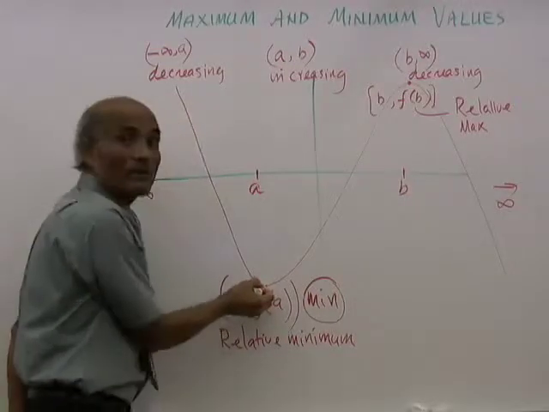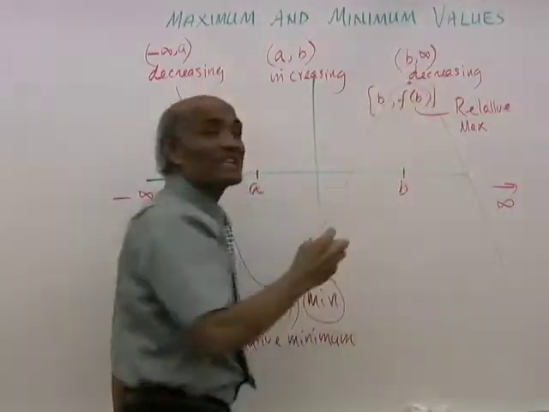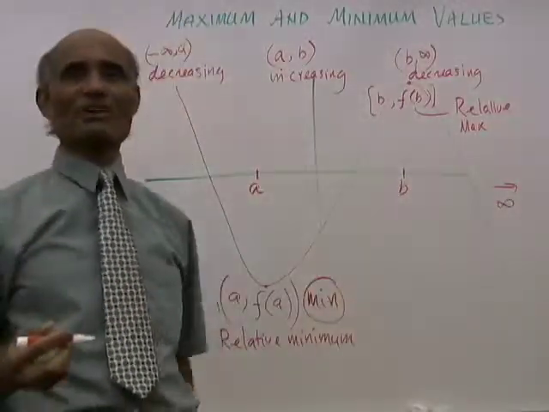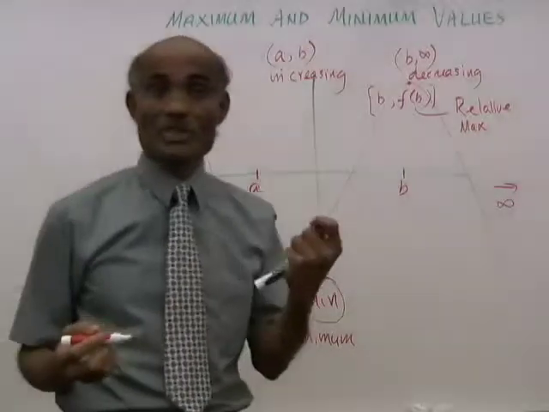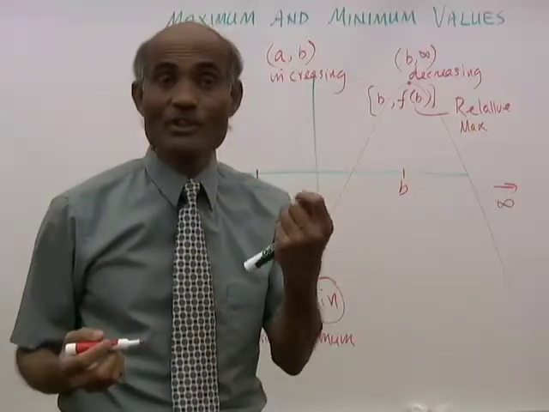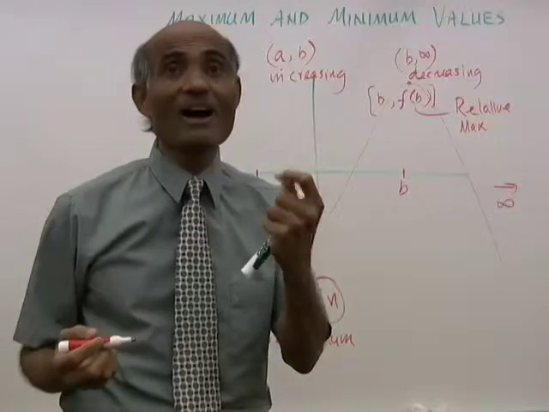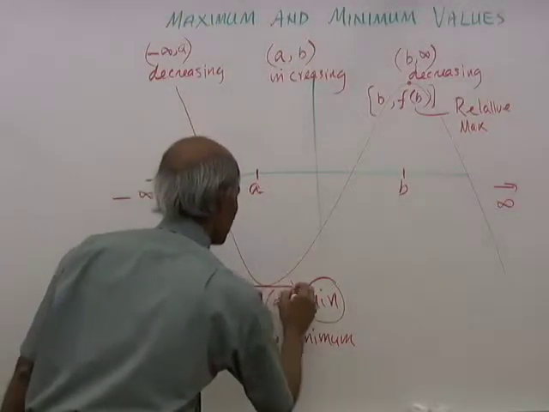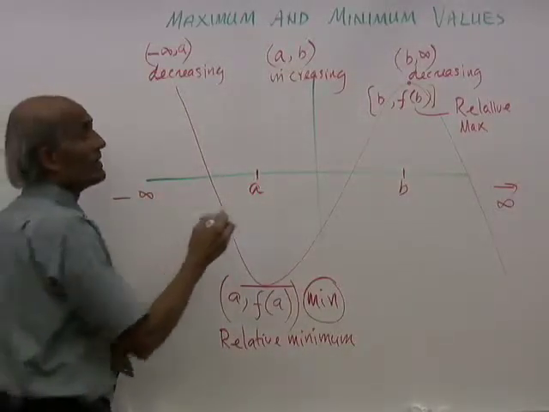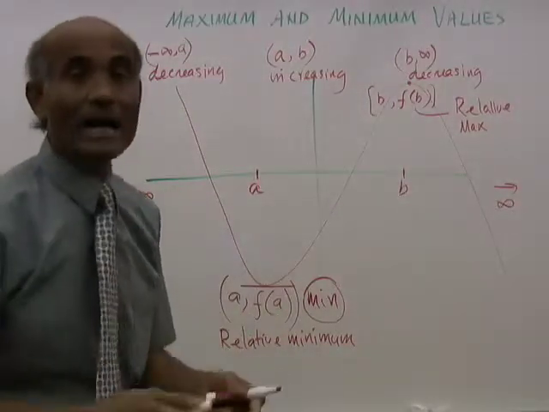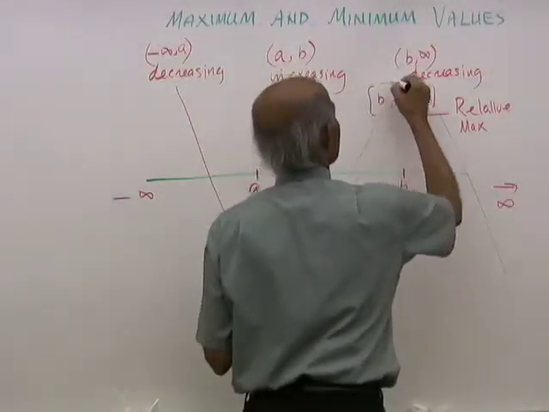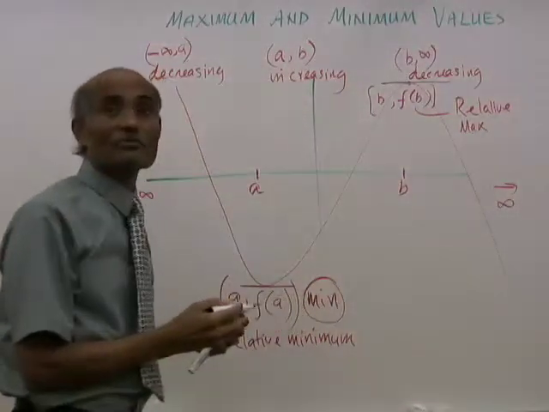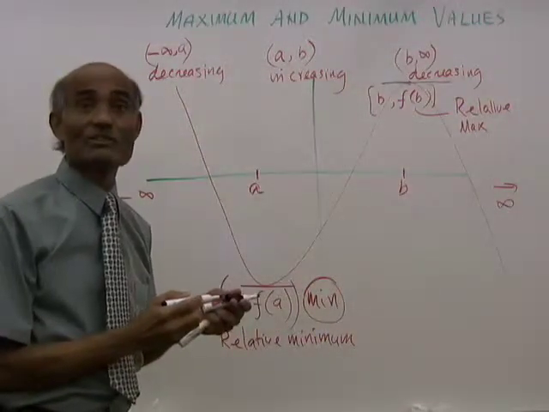At a relative minimum or at a relative maximum, what can you say about the derivative of the function? Remember, the derivative of a function at a point is the slope of the tangent line at that point. So if I draw a tangent line at x equal to a, or a tangent line at x equal to b, you can see that tangent line is horizontal, and the slope of such a horizontal line is 0.